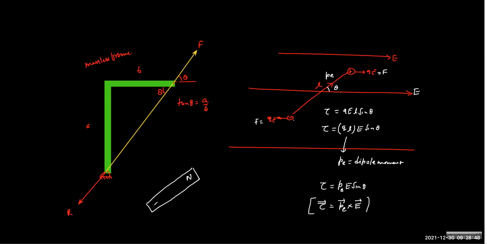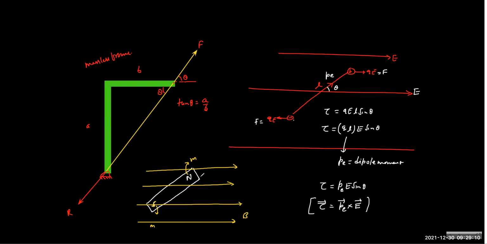Similarly, we have the bar magnet with north pole and south pole, and if we imagine that it is kept in a uniform magnetic field B, and the pole has a strength, there is something called pole strength. Earlier this used to be in the class 8 syllabus, but it is not now.